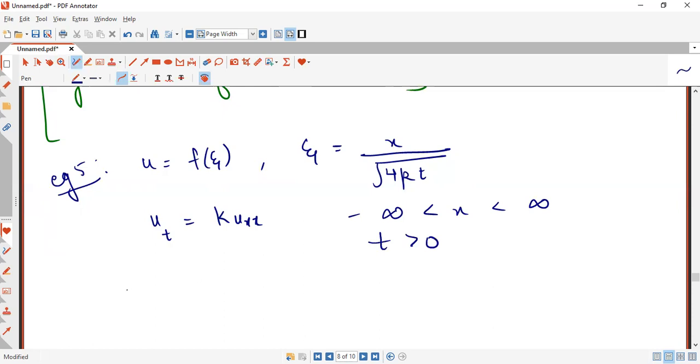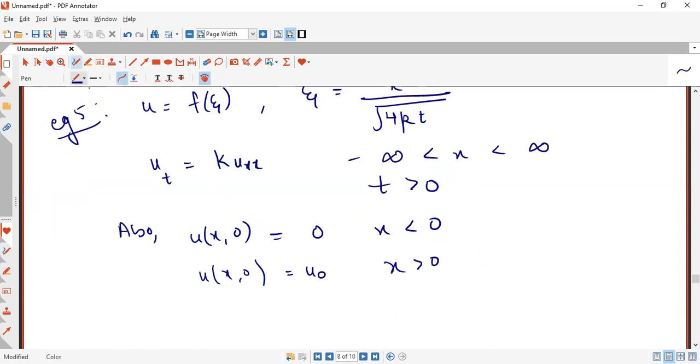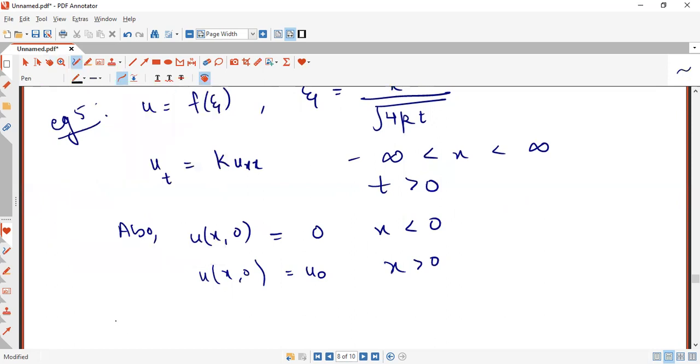Also, what is given? That u at 0 value of t is 0 when x is less than 0. And when x is greater than 0, u of 0 is u0. Right? Solve it. What are you getting?